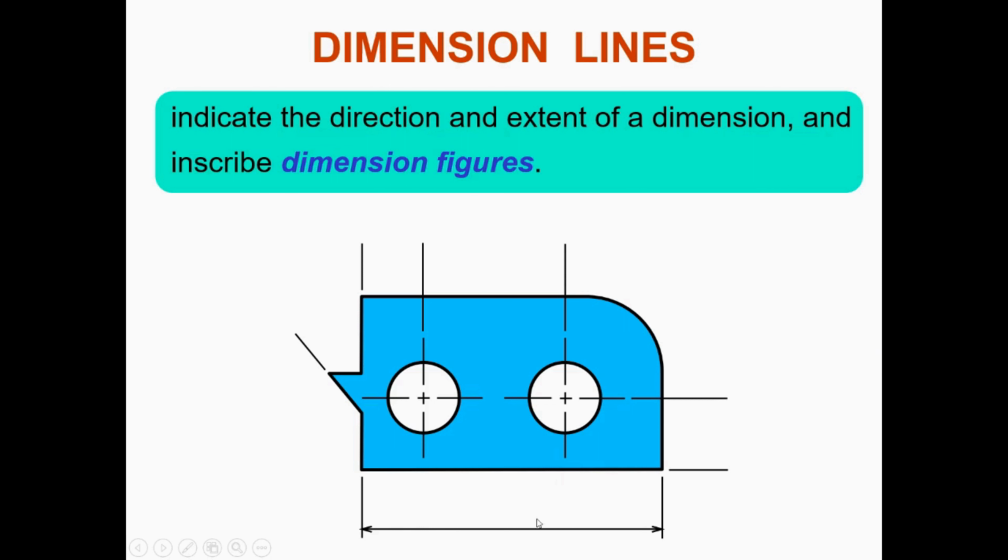This particular line is the dimension line, which helps us to identify the dimension figure that would be on it. So we have the orientation of the dimension line in this manner. And you also have the dimension figures centered in between the extension lines that you see.